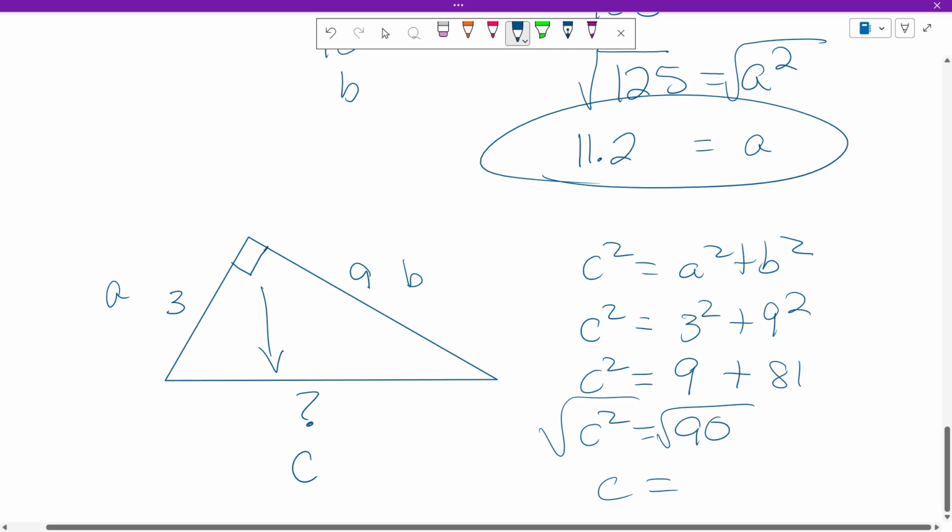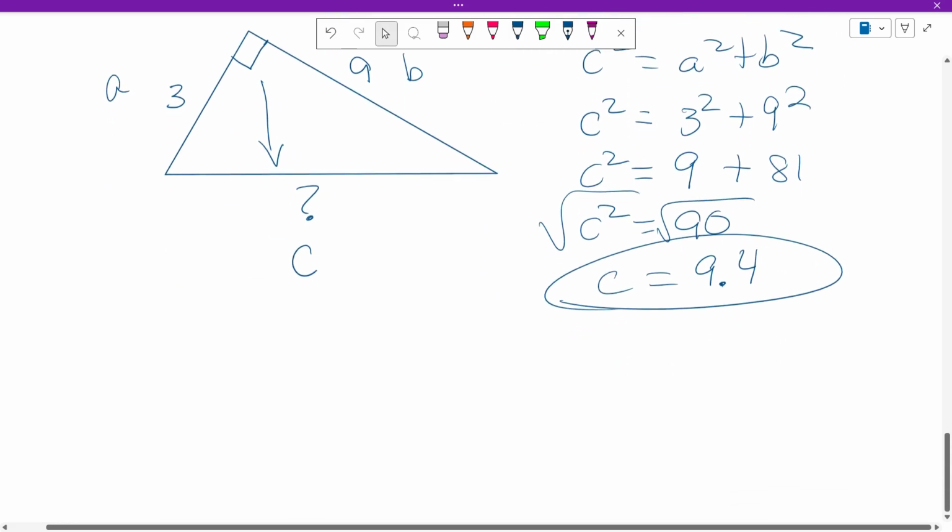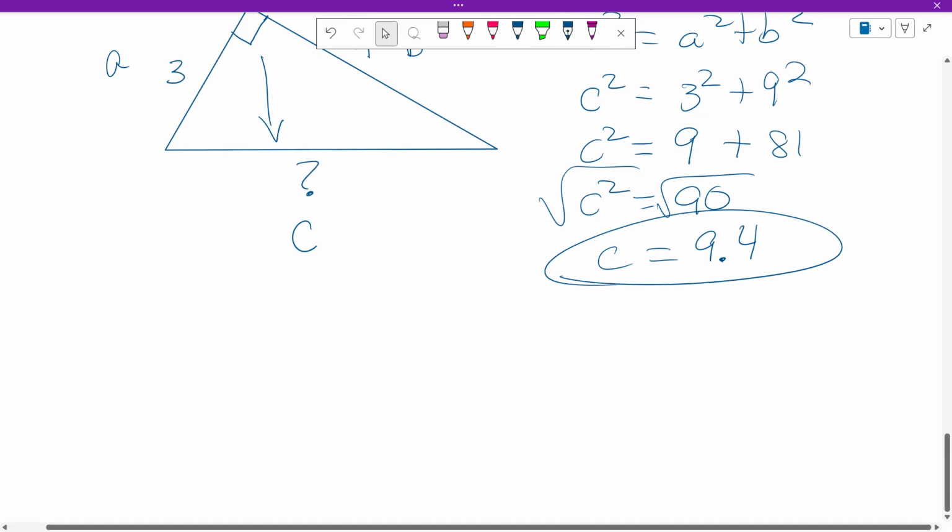It is irrational again. It is 9.4 or 5? I don't know what irrational means. Irrational means it goes on forever, like infinite.